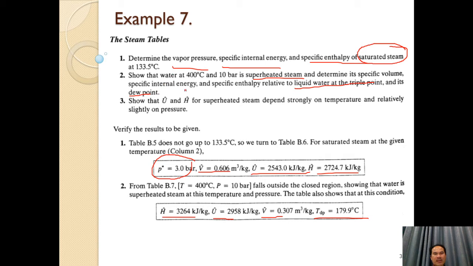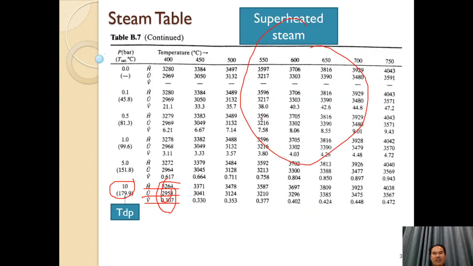And the last one: show that specific internal energy and specific enthalpy for superheated steam depend strongly on temperature and only slightly on pressure. This depends strongly on temperature, but is nearly independent of pressure, or depends slightly on pressure. Look at this superheated steam.